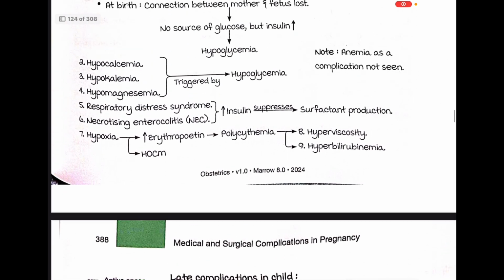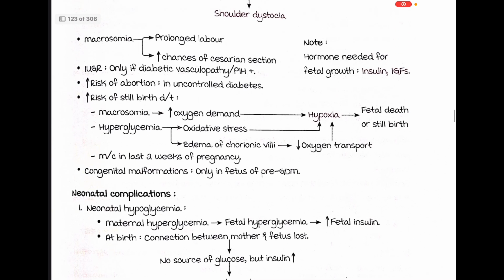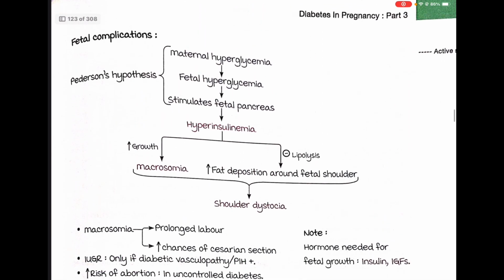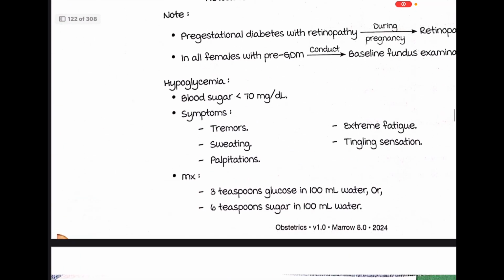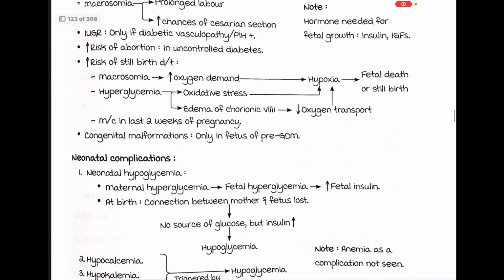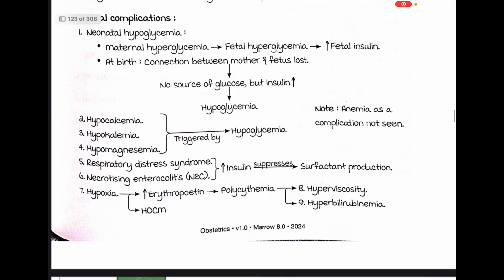Neonatal complications. After birth, the neonate may develop neonatal hypoglycemia: maternal hyperglycemia causes fetal hyperglycemia and increased fetal insulin.